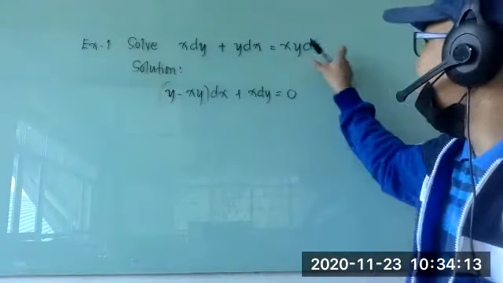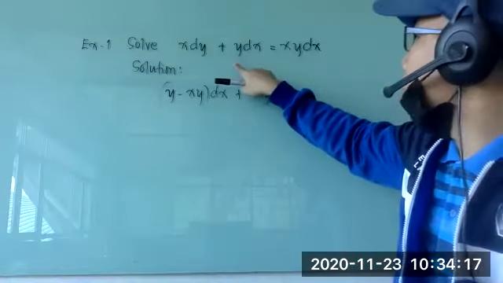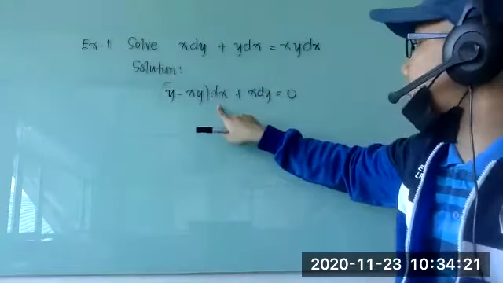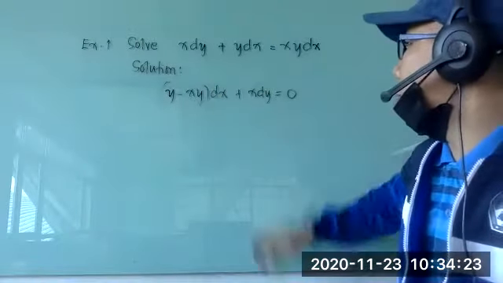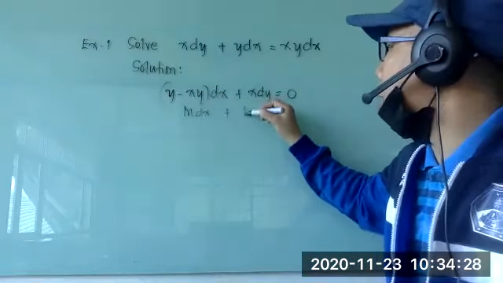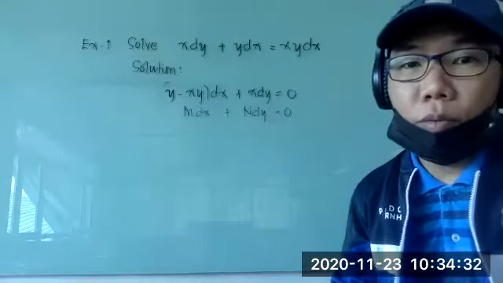Tama ba? So pag transpose ko to, magiging negative siya, right? So y minus xy, let's factor out dx. So this is dx plus x dy. So now this is in the form na m dx plus n dy equal to 0.